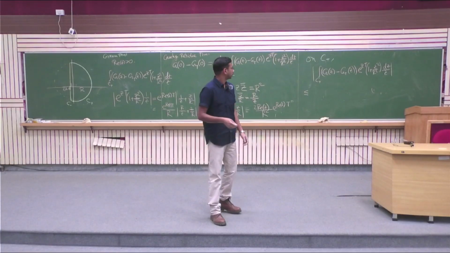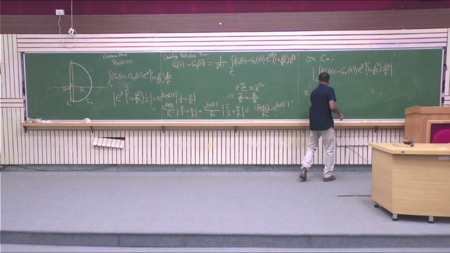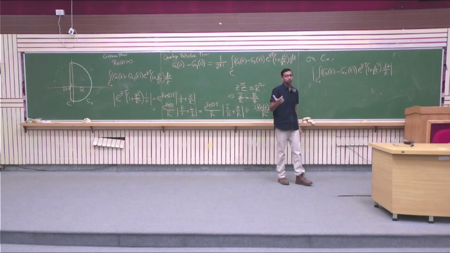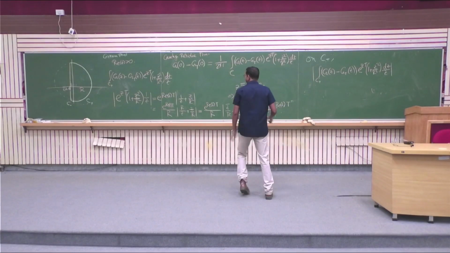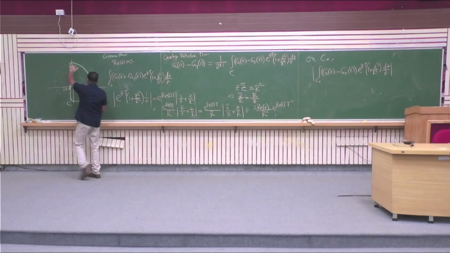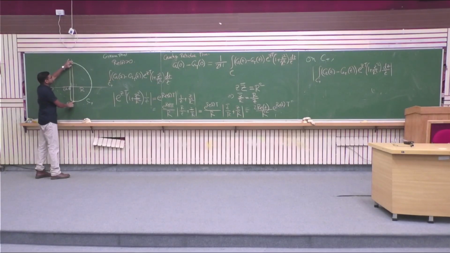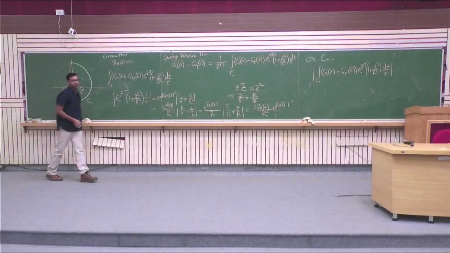And so, of course, at most there will be an extra r which cancels with this r squared, right? Because this is a bounded region, and the length of this is just pi r, right? So there will be some constant times an extra r.